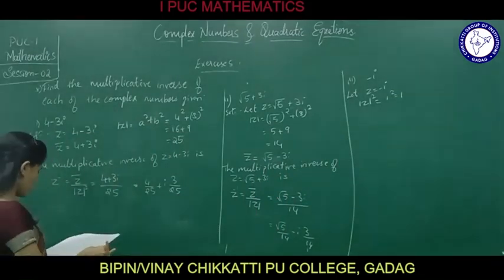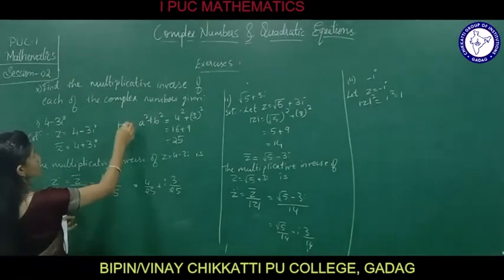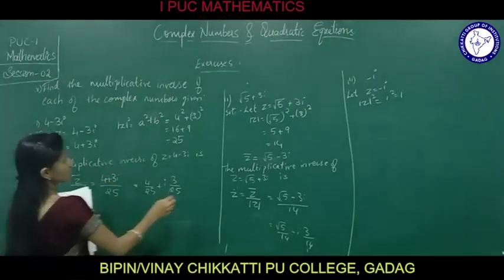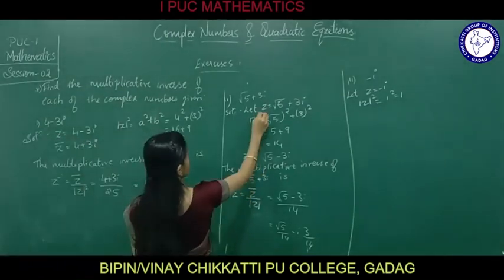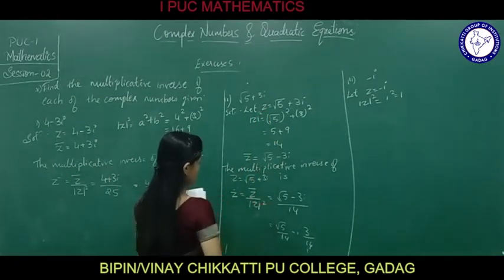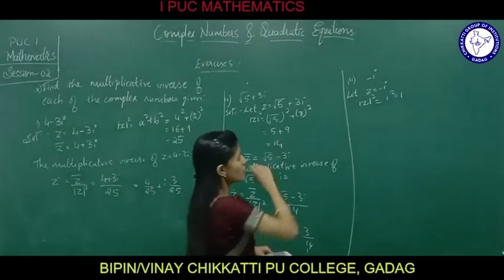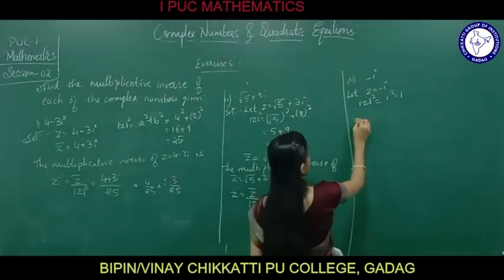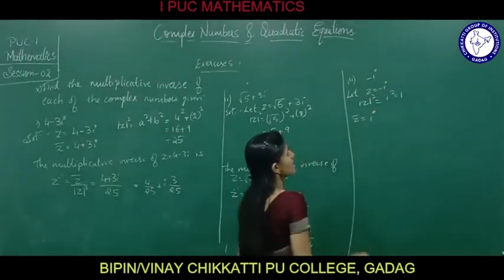So we got mod of z square as 1 and then the conjugate of z will be equal to i.